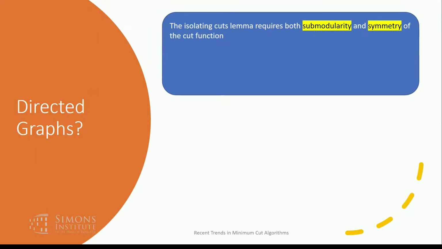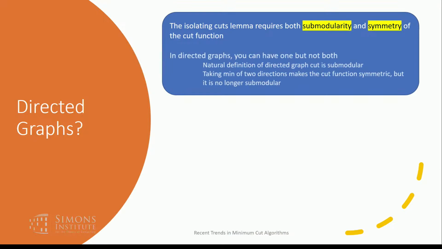For any given cut, the directed edges going from one side to the other are not necessarily the same as the edges going from the other side. And if we play around with the definition, we can achieve symmetry, but then break submodularity. So we don't have a definition for directed graphs that achieves both properties that are necessary to get isolating cuts to work.